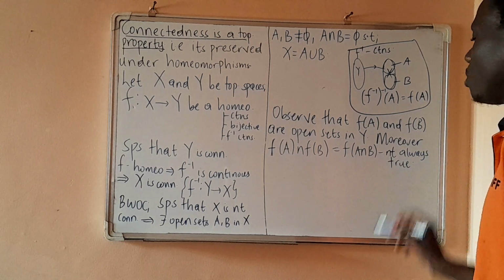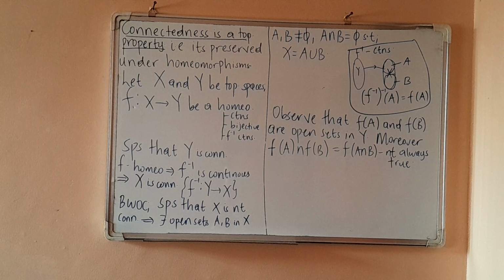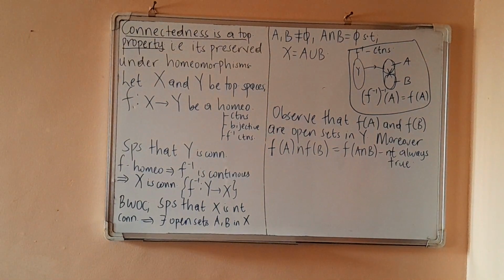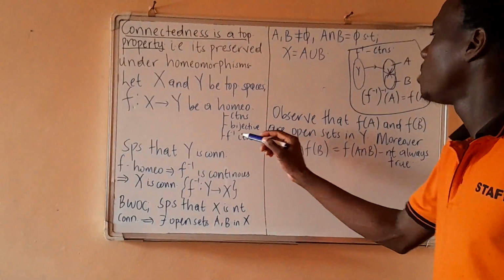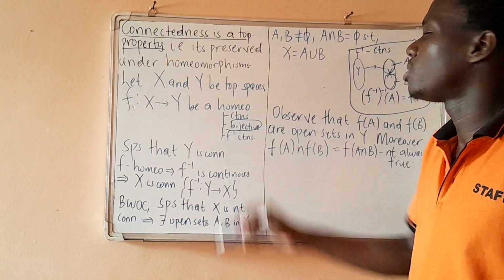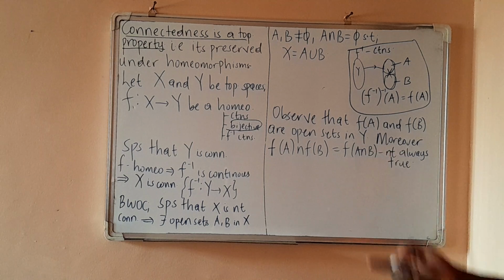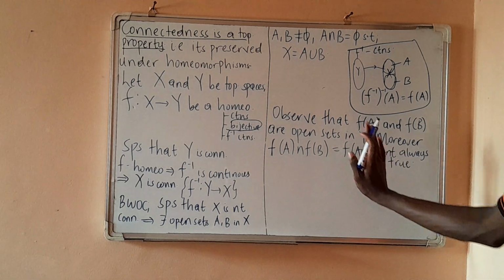It's only true if the map is one-to-one, that is, injective. A homeomorphism is a bijection, so it's injective, and this is fine.